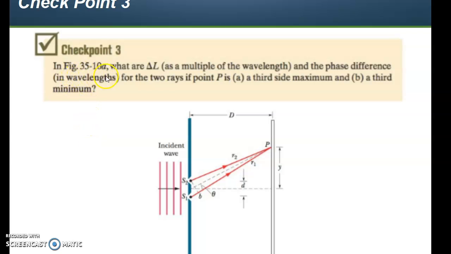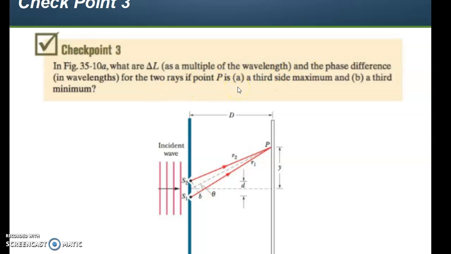So let's check on that. For here you've got this figure where the delta L as a multiple of the wavelengths and the phase difference in wavelengths for the two rays at point A are a third side maximum and a third minimum. What is the delta L on those? For the first condition, the third side maximum, the delta L has to be 3 lambda, because we're doing this in terms of lambda.